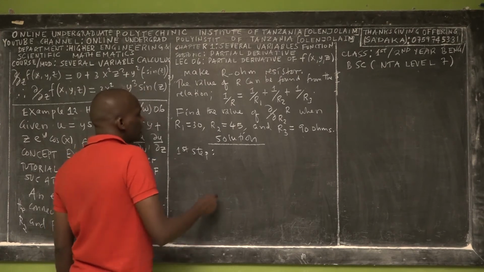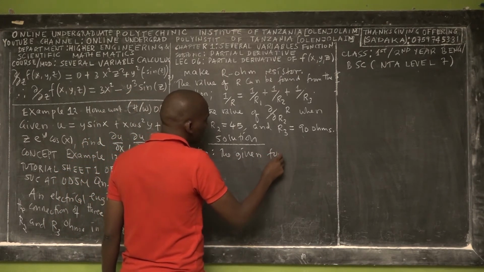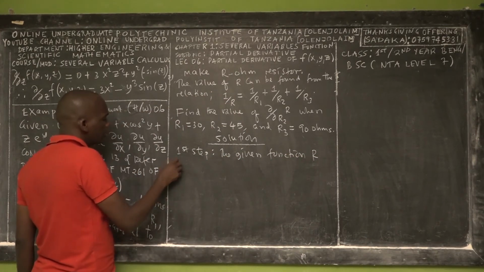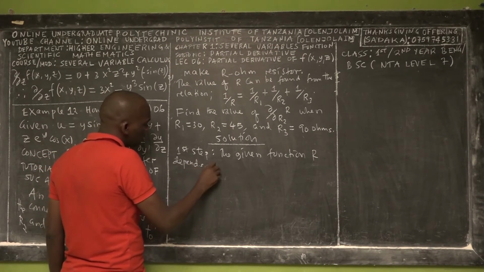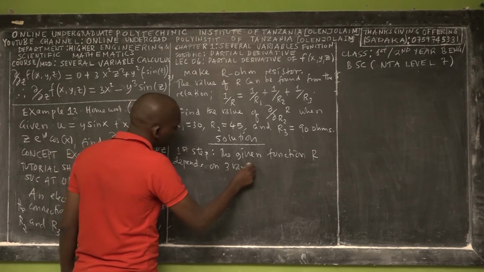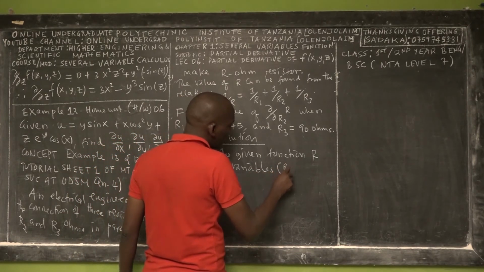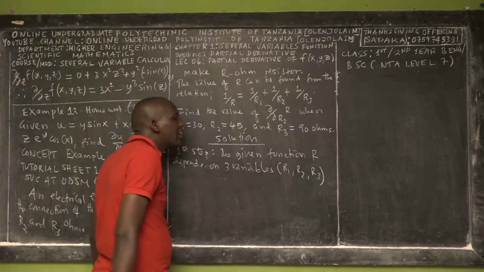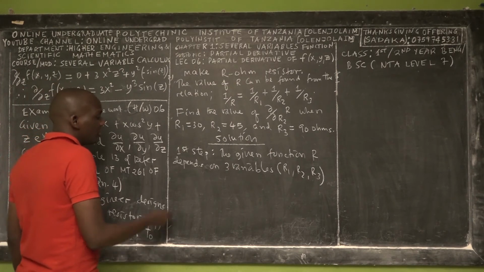So you say that the given function depends on 3 variables, and these 3 variables are R1, R2, R3. Students, when we've been dealing with functions, we used x, y, z.